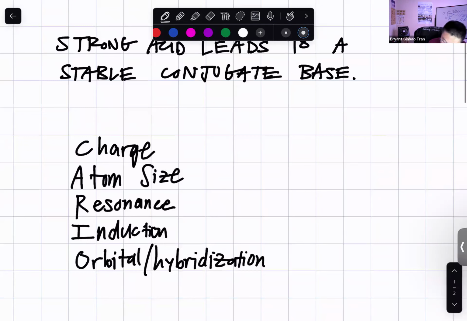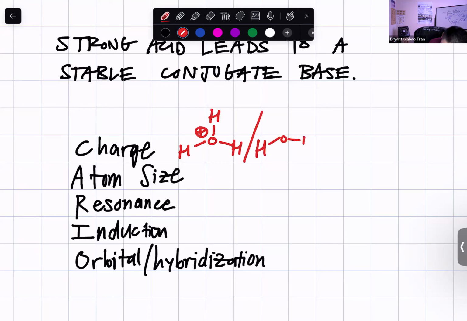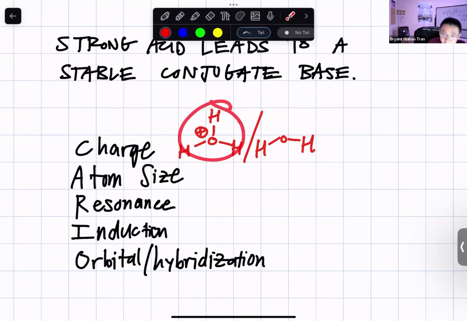So for charge, let's say that I'm going to draw the acid in red and then draw the conjugate base of the acids in blue. If I have this hydronium ion versus this water molecule, and I'm trying to figure out what's the stronger acid, this H3O+ or this water.